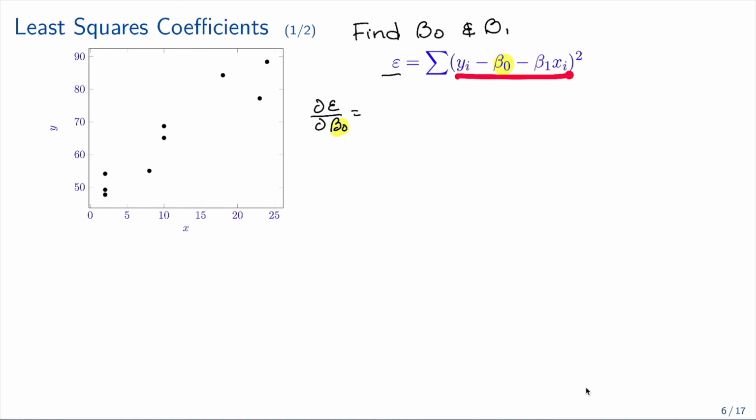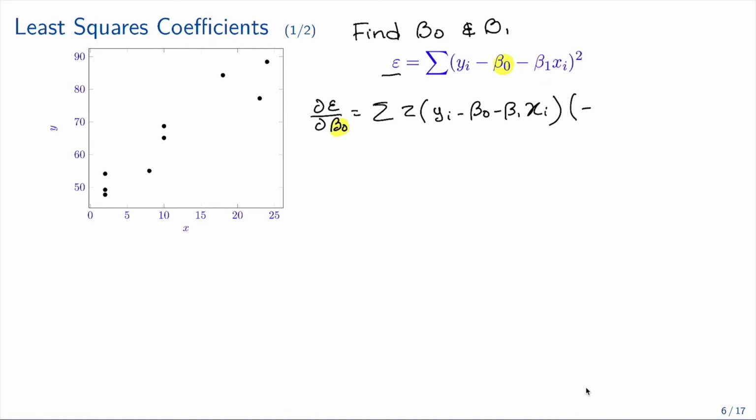We have a square term, so it is 2 times the term multiplied by the internal derivative. So it is the sum of 2 times (yi - beta 0 - b1 xi) multiplied by the internal derivative. Everything apart from b0 is a constant, so the derivative of this is 0, the derivative of this is 0, and the derivative of minus b0 with respect to b0 is minus 1.